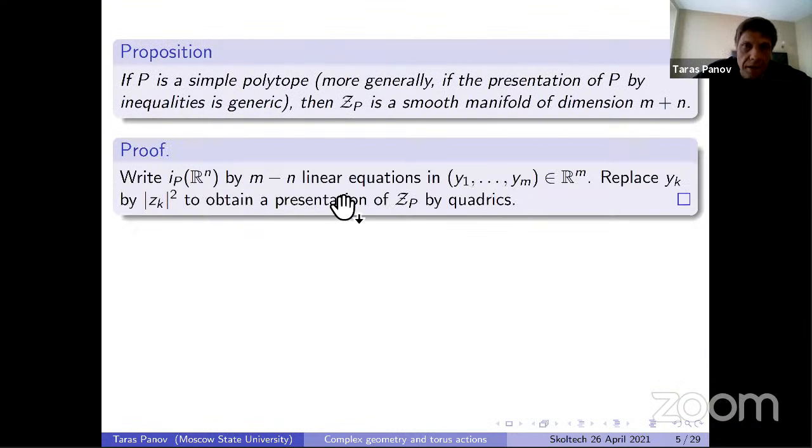Then to get back to your manifold in m-dimensional space, you replace the real coordinate by the square of modulus of complex coordinates, and you get a presentation of your moment angle manifold by quadrics. This is precisely the presentation coming from symplectic geometry in case you have lattices and torus actions. And then you need to check that it is non-degenerate precisely when you started with a simple polytope. So the non-degenerate intersection of quadrics corresponds to a generic intersection of half spaces. That's Gale duality.